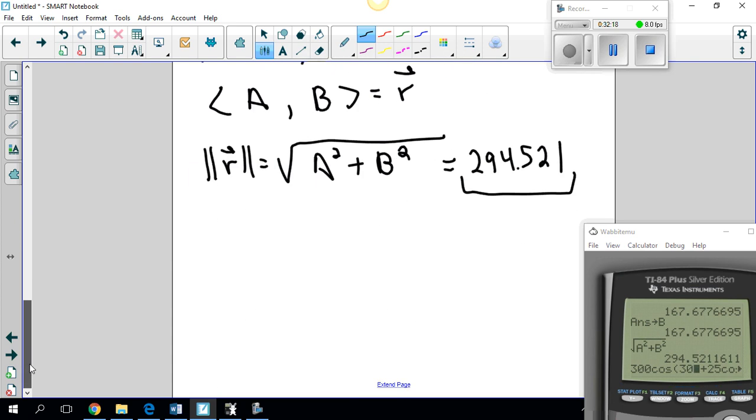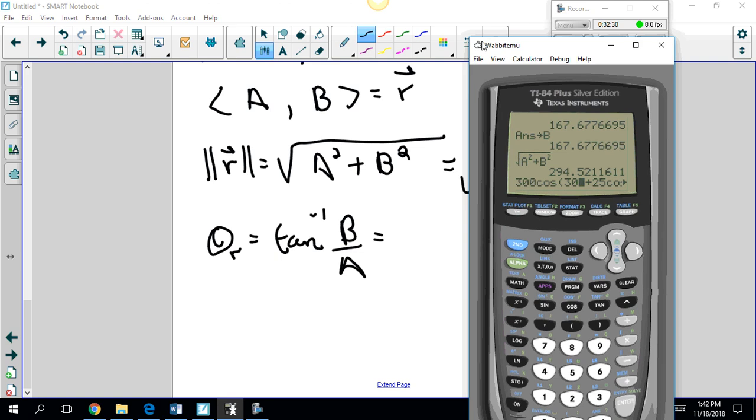So if you want to find theta sub r, it's just inverse tangent. You know you're in the first quadrant, and A and B are both positive, so just do inverse tangent of B over A, because it's y over x. Second quit, clear.